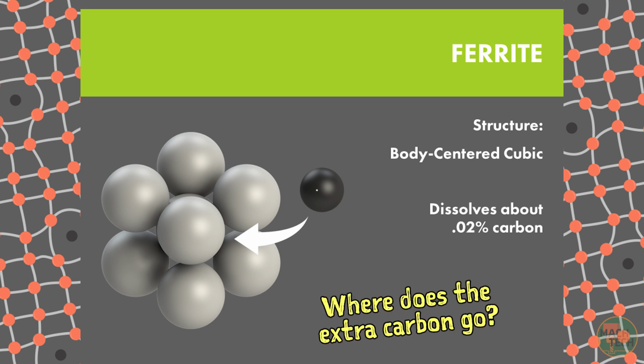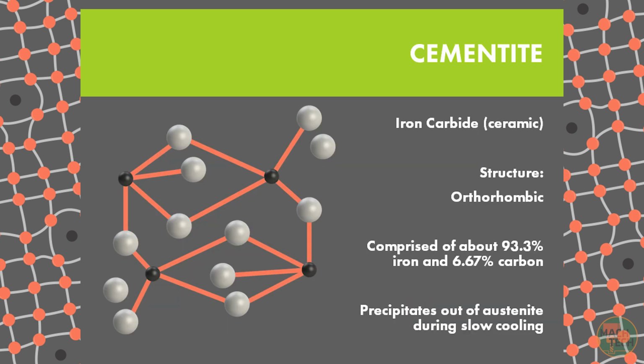Now, you may be wondering, if we can dissolve up to 2.1% carbon in austenite, but then when we cool the steel down and it changes into ferrite, it can only dissolve 0.02% carbon, then where does all that carbon go? Once again, it precipitates out of solution, except that instead of forming pure graphite, it forms a ceramic compound called cementite.